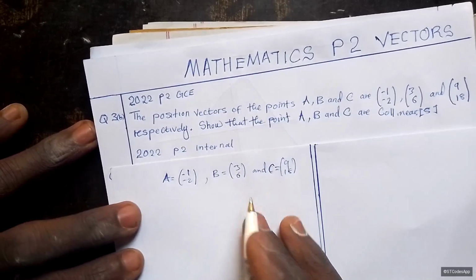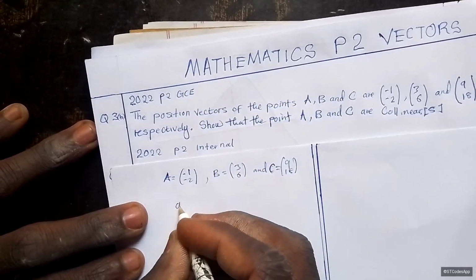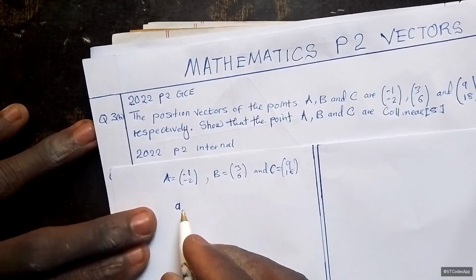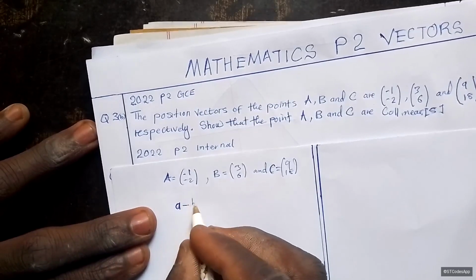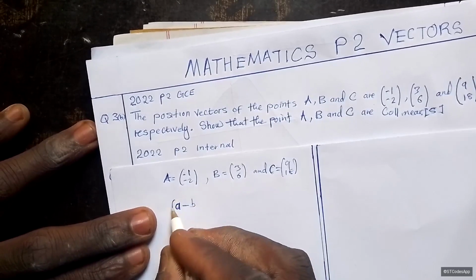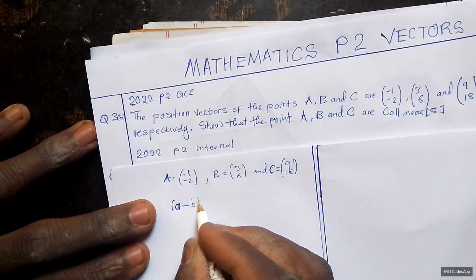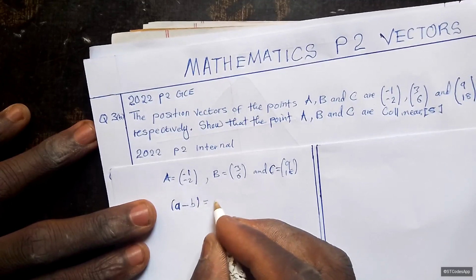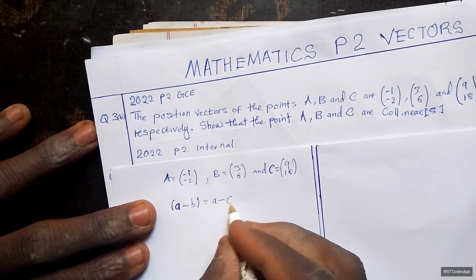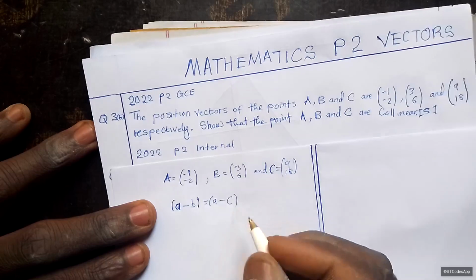If I have vector A, I'm going to say (A minus B) is equal to (A minus C).